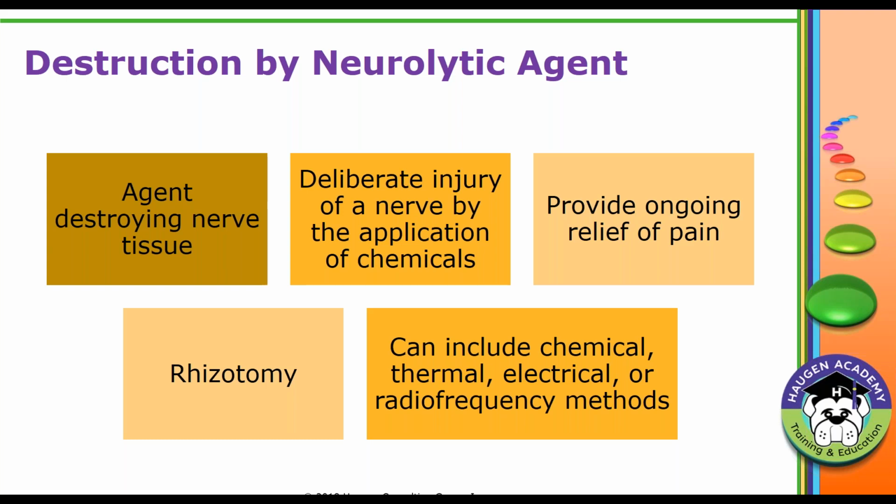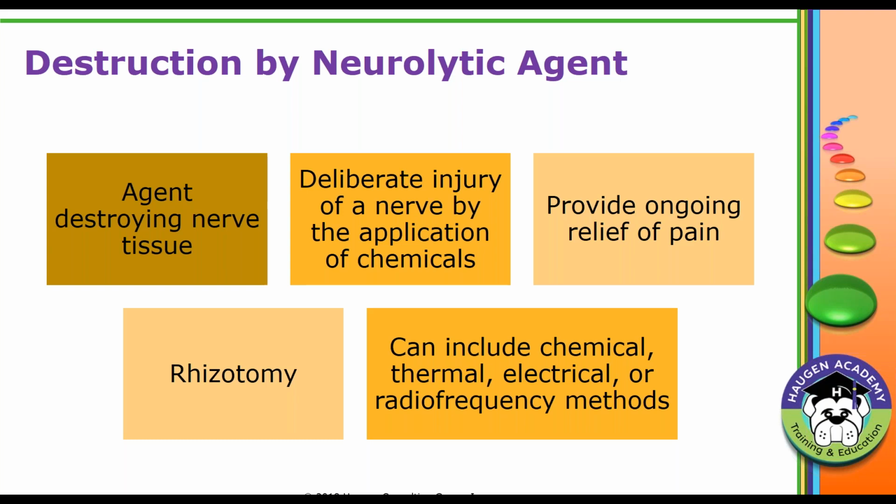Some of the methods can be chemical, thermal, electro, or radiofrequency. They are usually used to treat chronic pain, such as chronic back pain. What happens is the affected cervical or thoracic spinal nerve is actually destroyed using chemical, thermal, electro, or radiofrequency techniques, and those can be used independently or in combination.